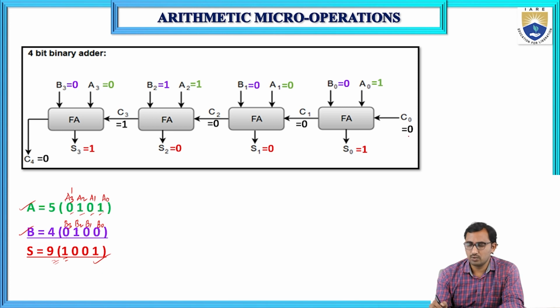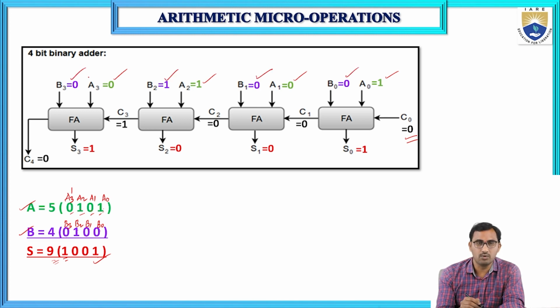So let's see. The initial carry is 0 and I am representing all corresponding bits as inputs. A0 is 1, A1 is 0, A2 is 1, A3 is 0. Similarly, B inputs are 0, 0, 1, 0.